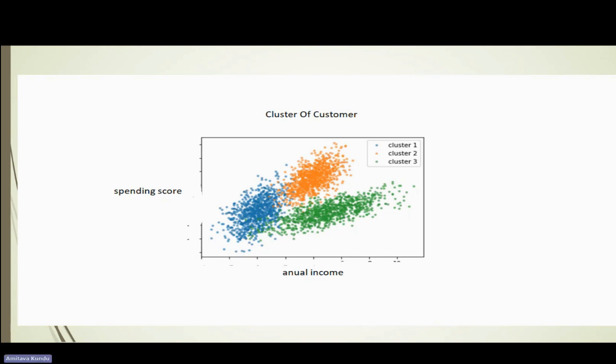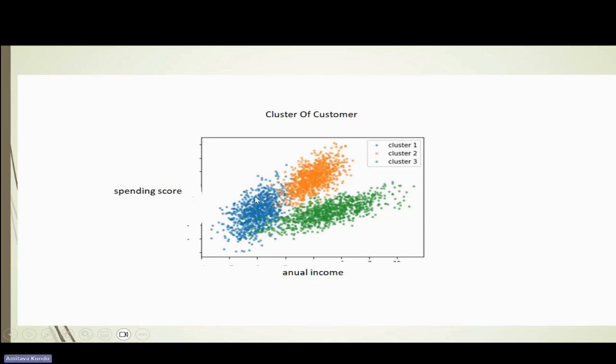If you see this diagram, in this diagram, you see here that the annual income is given as well as the spending score is also given for the customer. Now, these are the category of customer whose annual income is high, but spending score is less, right?